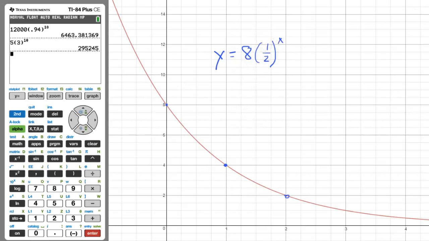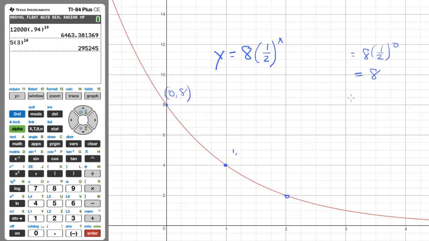And you can check this. Plug in 0. So if you had 8 times 1/2 to the 0, well, any number to the 0 power is just 1. So this is 8 times 1, which is 8, which means that the point 0, 8 is on the graph.